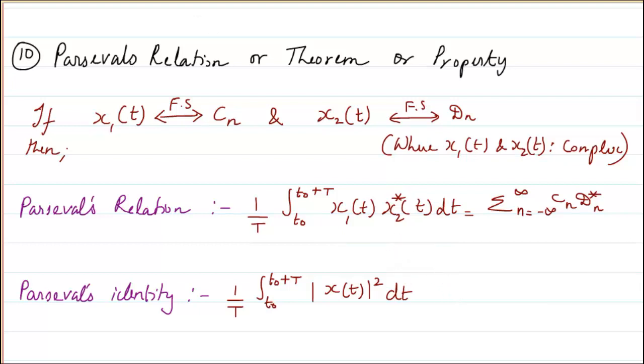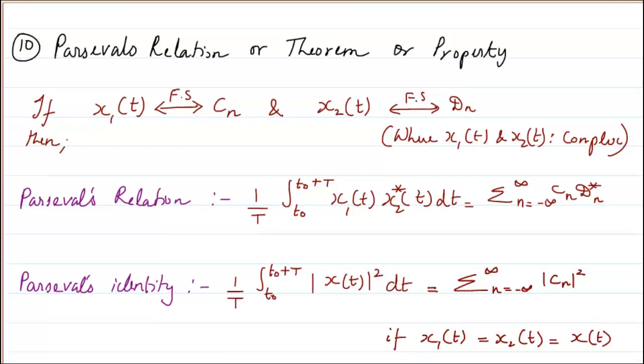So magnitude x of t square is going to be equal to the summation, since there is no dn, n equal to minus infinity to infinity, of mod of Cn square. I have to write if x1 of t is same as x2 of t is same as x of t. That means I am considering that they are one and the same function.